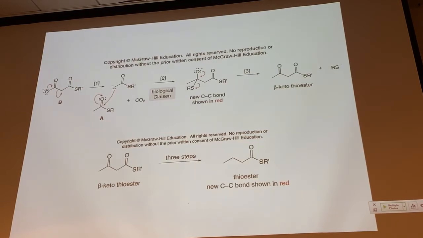And that's a key process in the biosynthesis of fatty acids. When we have our lipids chapter towards the end of the semester, we will discuss this process in more detail, and we'll show how this beta-keto thioester gets turned into a thioester itself, how we get rid of this carbonyl. Okay? It takes 3 steps to do so. Any questions about our biological aldol or Claisen reactions?